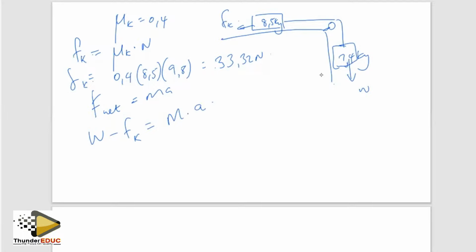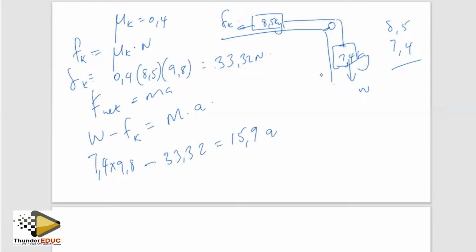Now this mass is just going to be the combined mass of the two since there's acceleration. Okay. So the weight, which is leading, is the 7.4 multiplied by 9.8. Frictional force, we said, is 33.32. Should be equal to, we know that 8.5 and then 7.4 gives us 15.9A. When we subtract that, okay, we have 7.4 times 9.8.